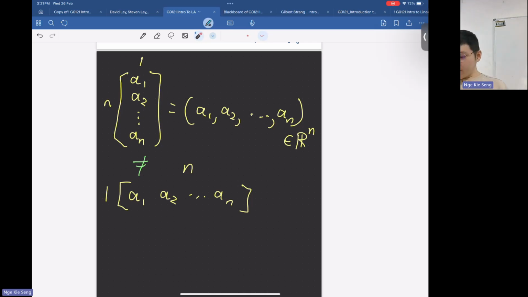Usually when we use the square bracket, we refer to it as a vector, which has a magnitude and direction. But when we use the round bracket, we refer to that point. That's a coordinate.